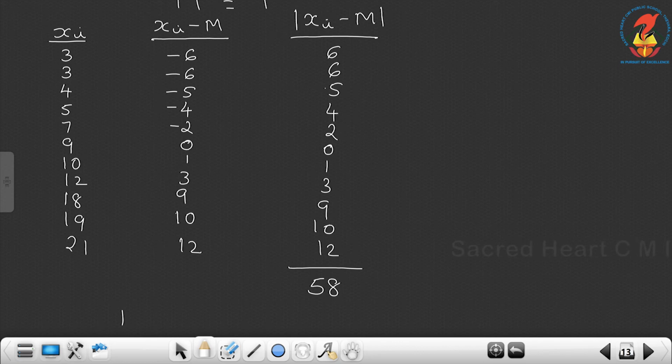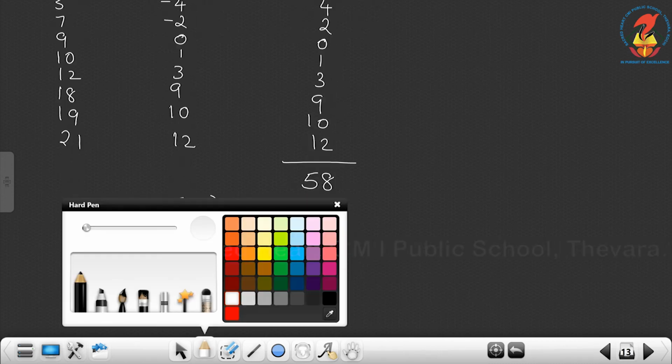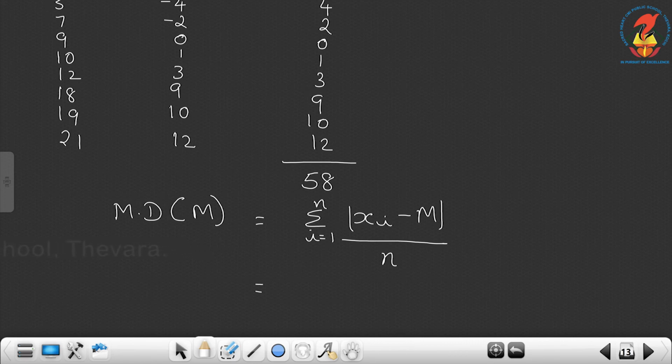Okay. Then mean deviation about the median. Here capital M indicates the median. So the formula is sigma modulus xi minus m, instead of x bar here it is m, divided by n. N means number of observations, and i is from 1 to n. So it is 58 by 11.